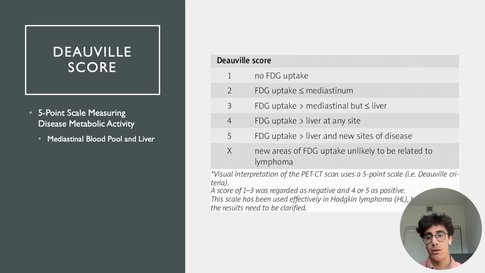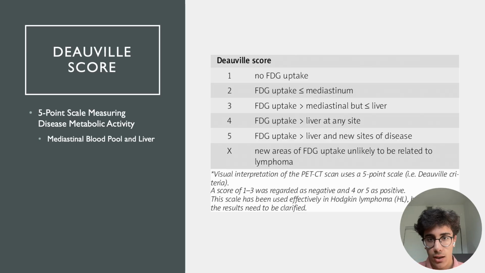Now, as I mentioned, the site of cancer is compared to two reference points in the patient's own body: the mediastinal blood pool, which has low brightness, as in low activity, which is the lower baseline, and the liver, which has high brightness because it absorbs high steady amounts of sugar. It serves as the higher baseline.